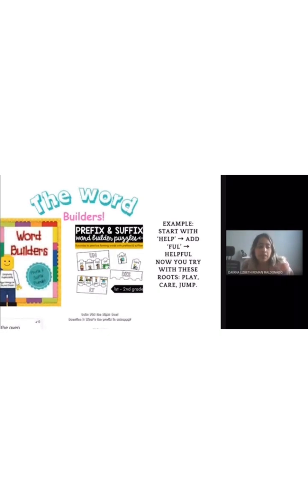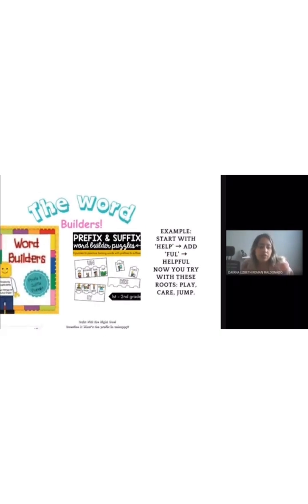They are going to add, for example, lock, and they are going to choose the piece of the card that is the suffix or the prefix, and they are going to construct the correct word with the other parts of the game.